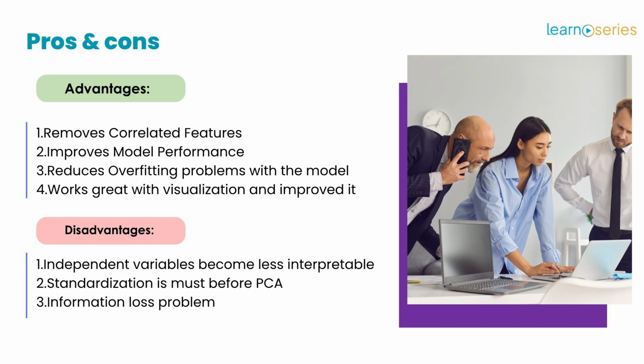Why visualization? Because when there are 20 features, that means 20 dimensions, you cannot visualize the data. If you reduce it to 2 dimensions, then you can easily plot it, because our eye can see up to 3 dimensions.